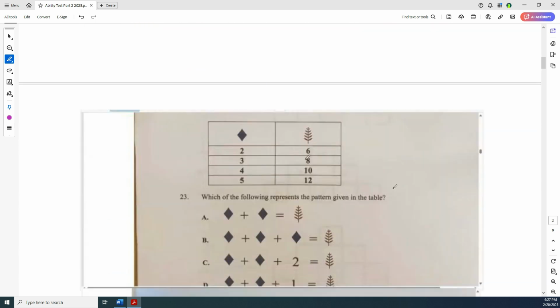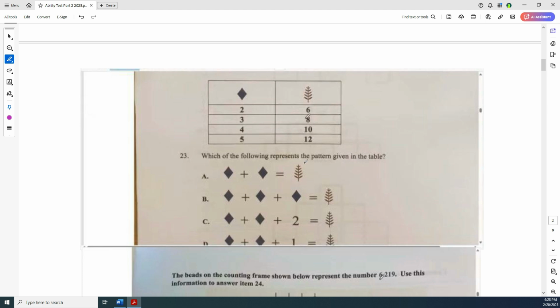All right, next one is which of the following represents the pattern given in the table? So we have a diamond and we have a tree. So it says 2, 3, 4, 5, and 6, 8, 10, 12. So this means that 2 of the diamond here represent a 6 of the tree right here, right?